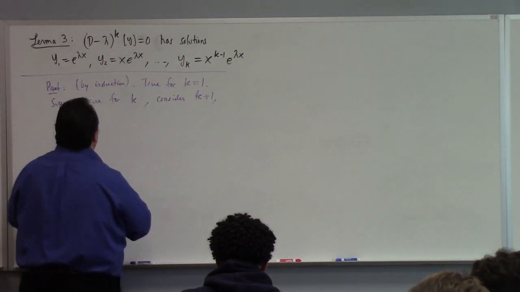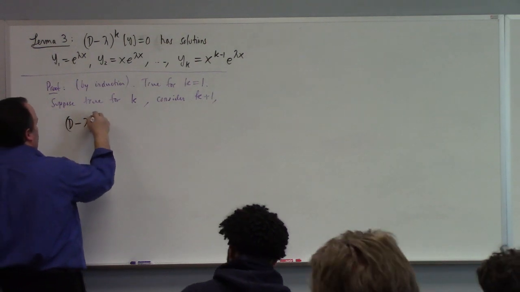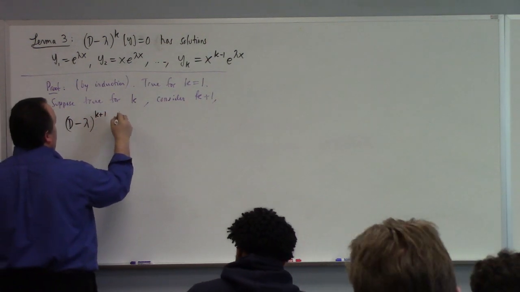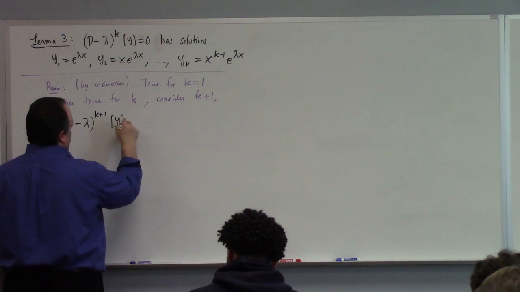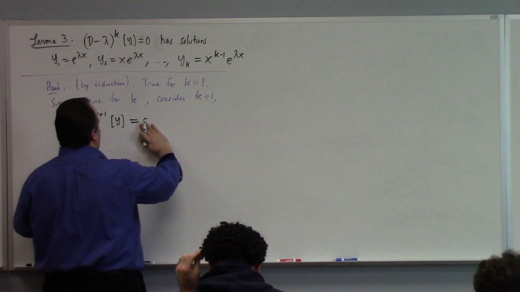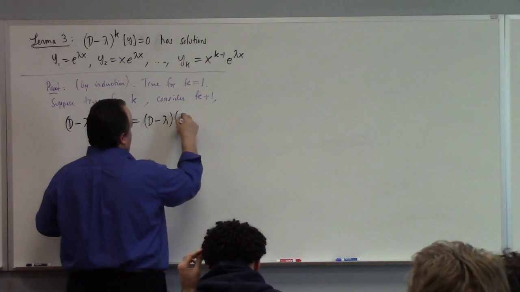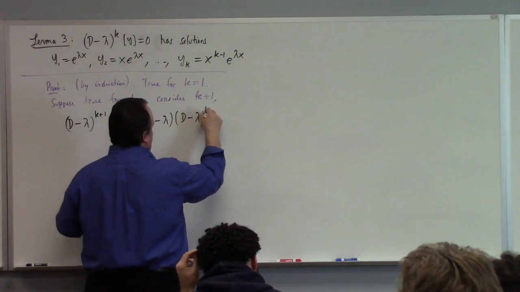So if we look at k plus 1, (D minus lambda) to the k plus 1 acting on y equals 0 is what? Well, that's equal to what? D minus lambda times (D minus lambda) to the k, right?